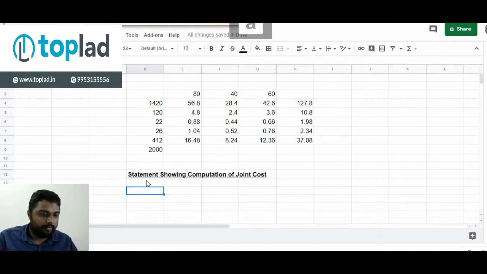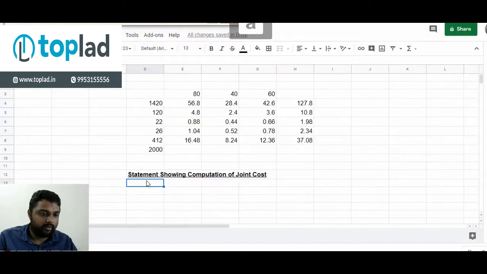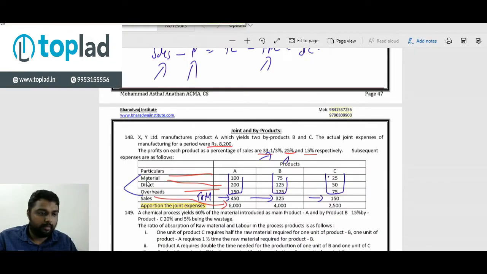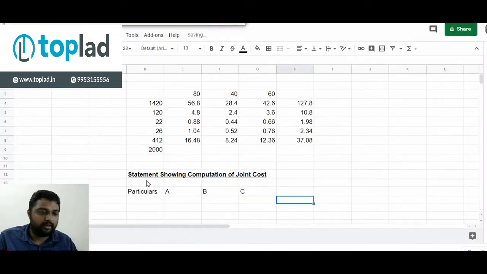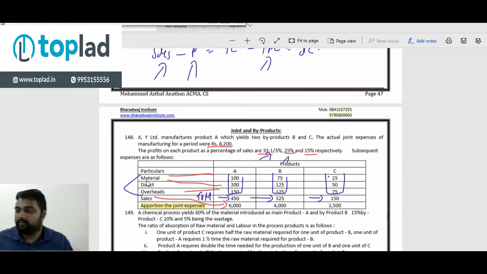Are you ready? So we have three products. What are the products? A, B, C. So first, we have already discussed how to find out the reverse cost.